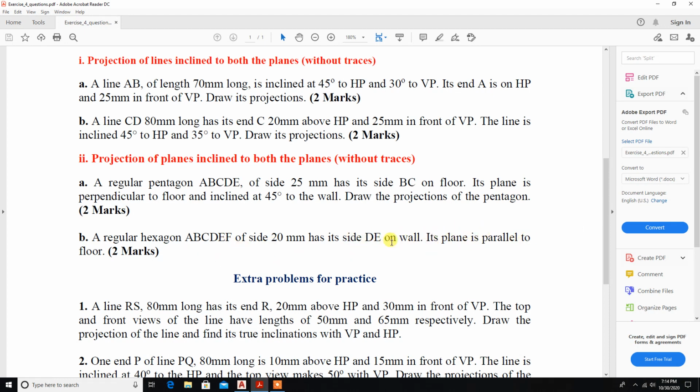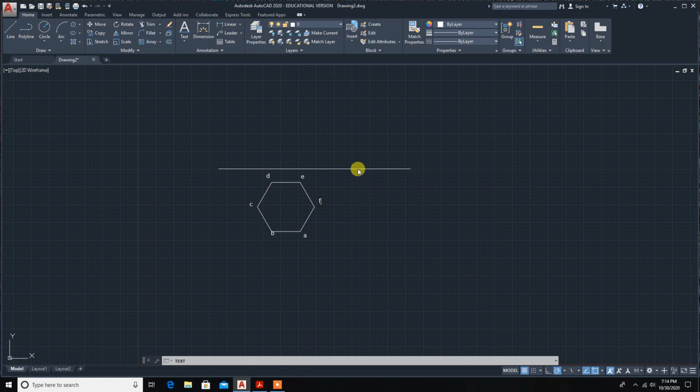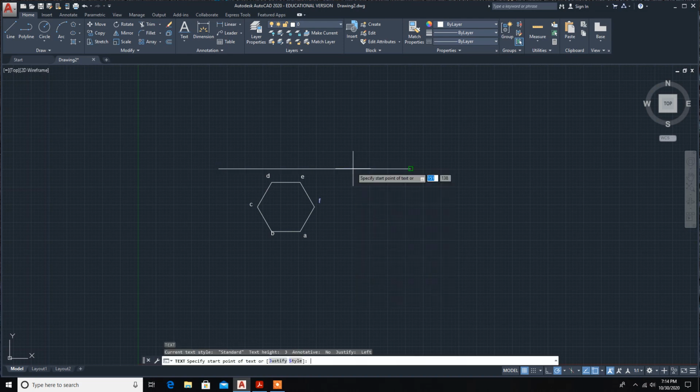So side DE is on the wall. So it is given on the wall. So here side DE should be on the wall. That means this reference line should be on DE.